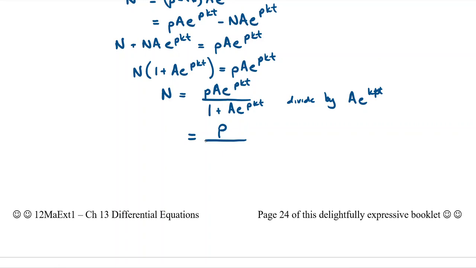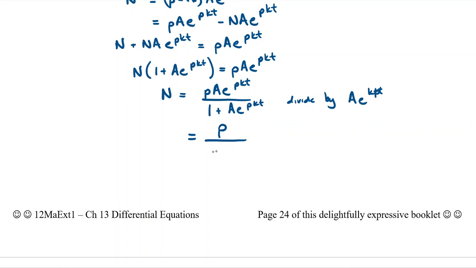Why didn't you times it then? Because I guess I could times it by, no, that'd be really weird. Yeah, 1 over, more complicated. Okay, so the 1 is often the tricky part. 1 divided by the AE to the KPT.